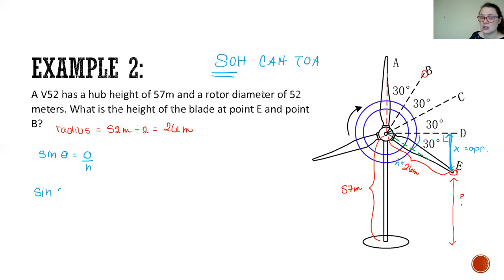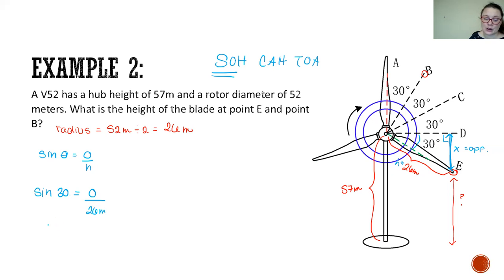Our angle is a 30-degree drop, so we'll put in our 30. We want to know what's the opposite side, so what's the distance down from horizontal that it's moved, divided by our hypotenuse, which is our blade length, or our rotor radius, which is 26 meters.